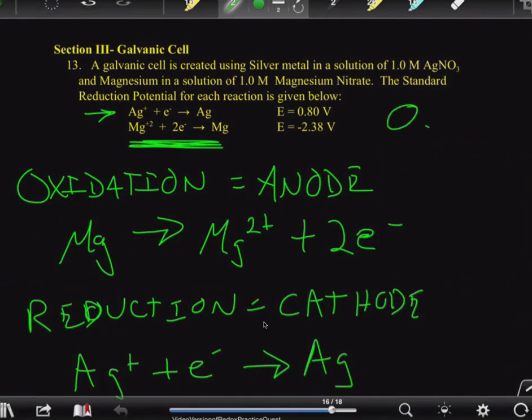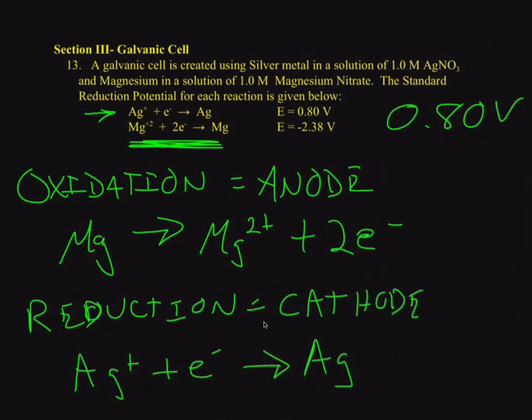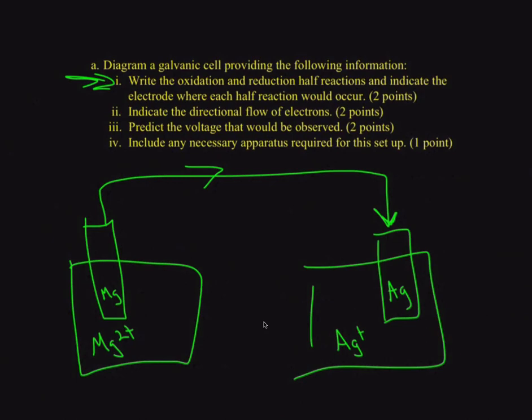So we're going to have 0.8 and positive 2.38. So when we combine those two numbers, we get a potential of 3.18 volts. So that is the answer to the third part, 3.18 volts.